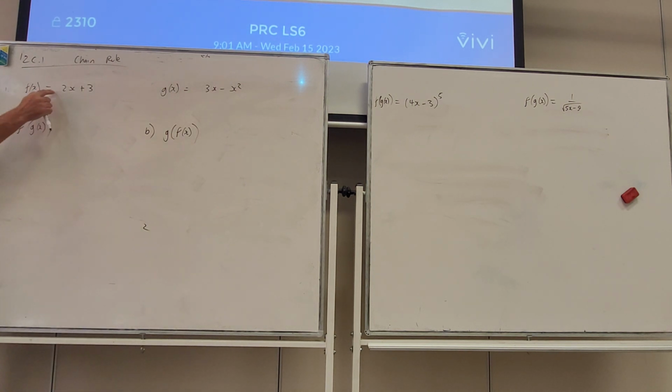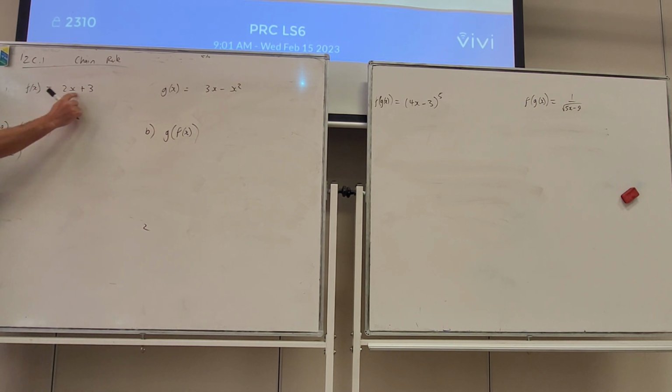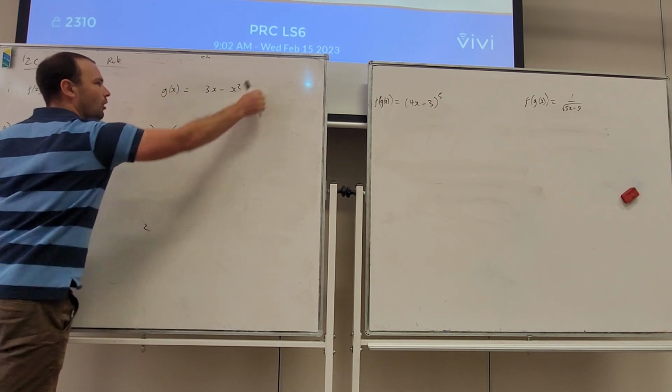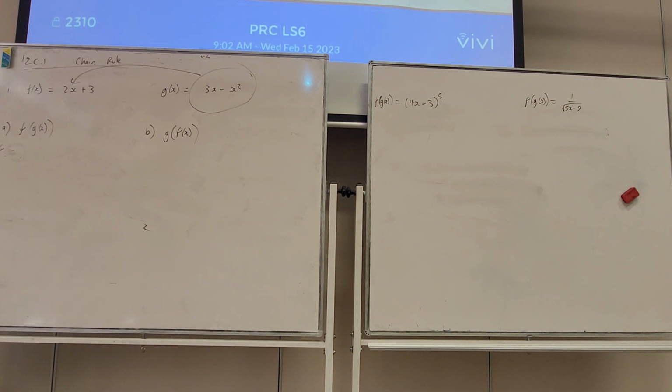So if we have this is the function f of x, and this is the function g of x, and we are asked to find f of g of x, remember, with function notation, if we were going to find f of 2, what that means is you put the number 2 everywhere there's an x in the f of x function. If we're going to find f of g of x, we're going to put the g of x function, that whole thing, everywhere there's an x in f of x.